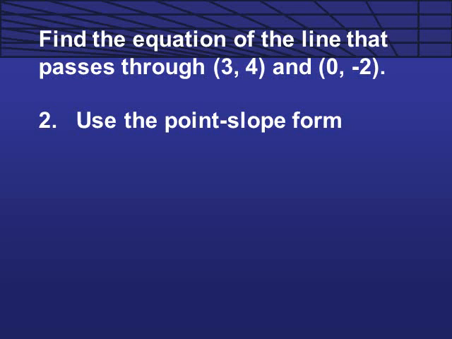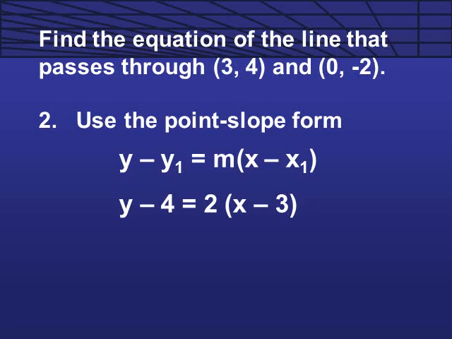Okay, so we already would do the slope the same way. And then point slope form is y minus y1 equals slope, m, times, in parentheses, x minus x1. Okay, so the y1 and the x1 is a point. The x and y stay x and y because that's your input and output, and then the slope you're just going to plug in. So I went ahead and chose the first point, the 3, 4 point, plugged those in, and then we already found the slope was 2.